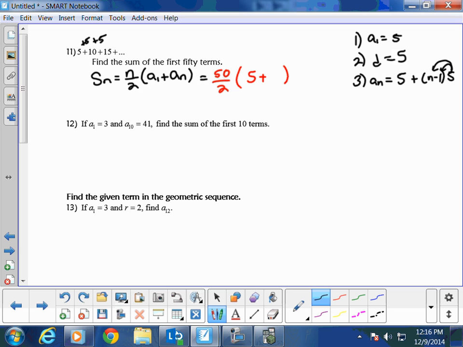Once I distribute this, I get A sub n is 5 plus 5n minus 5, which means A sub n is equal to 5n. So if I want the 50th term, A sub 50 is 5 times 50, which is 250. So this unknown is really 250.